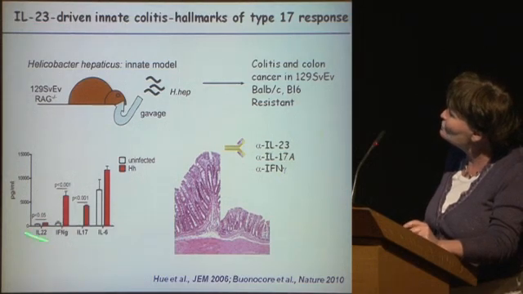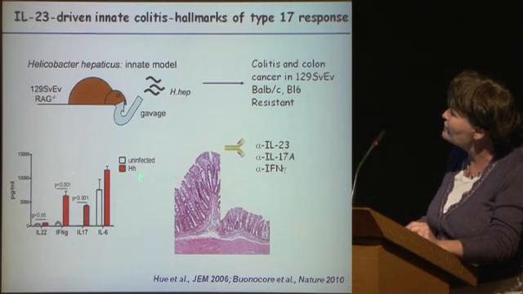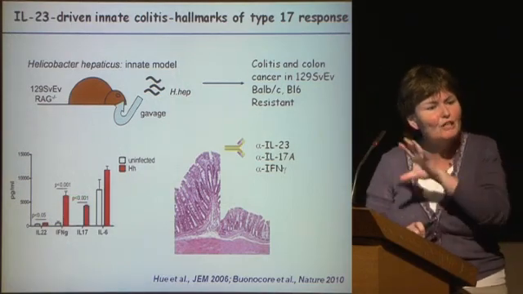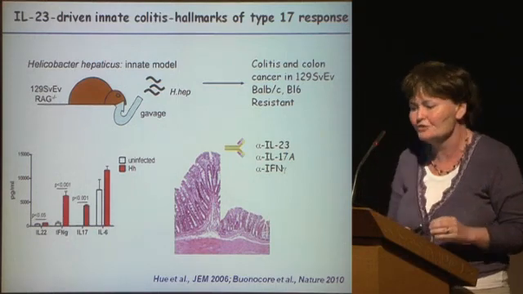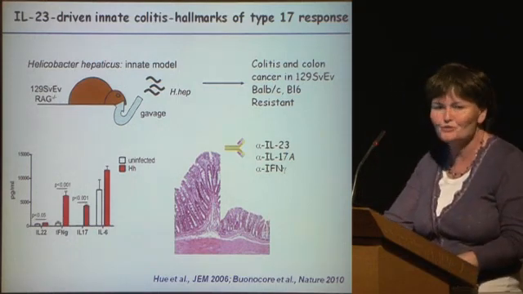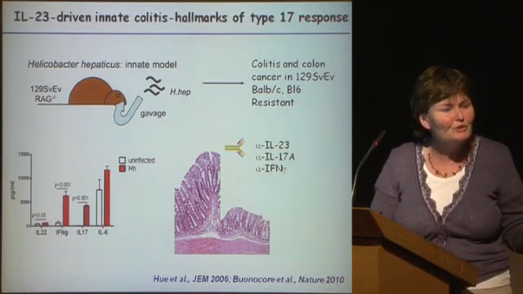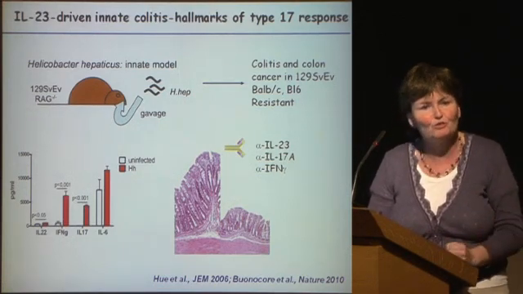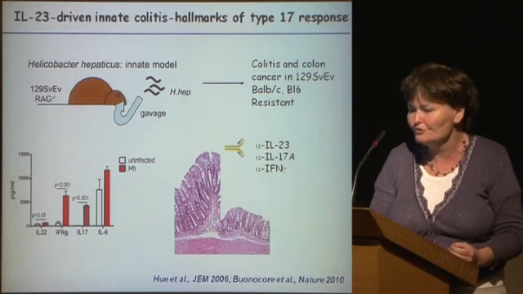And in fact, if you look in these Rag mice that are infected with Helicobacter, in the intestines of the infected versus uninfected controls, you see a marked increase in these Th17, Th1 associated cytokines in these RAG deficient mice. And this was IL-23 dependent. So this alerted us to an innate pathway through which IL-23 induces immune pathology.